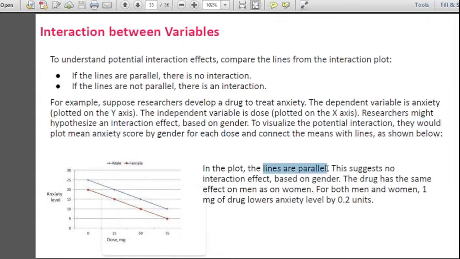In the plot, the lines are parallel. So if I bring in the variable gender and the lines are parallel, it means there is no interaction. If the lines intersect, it means there is some interaction.